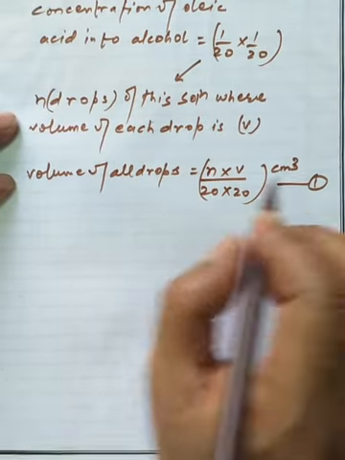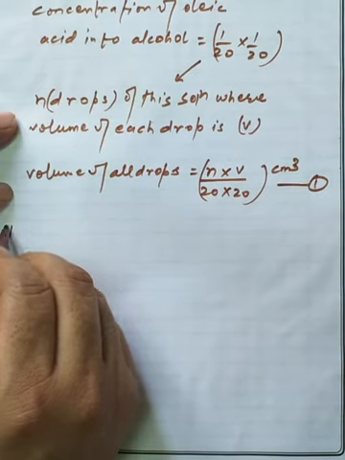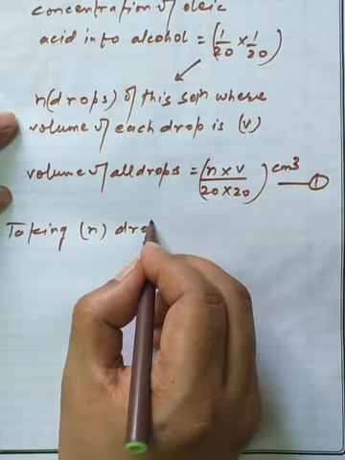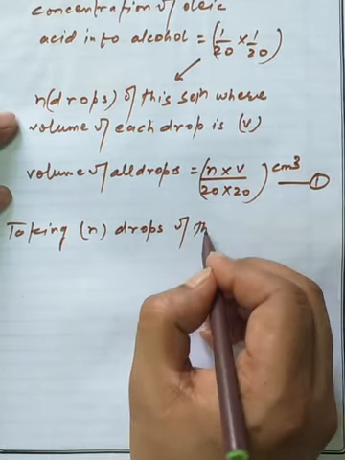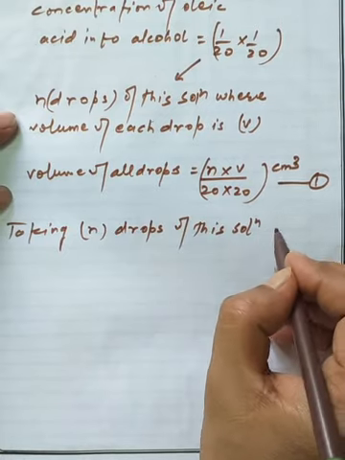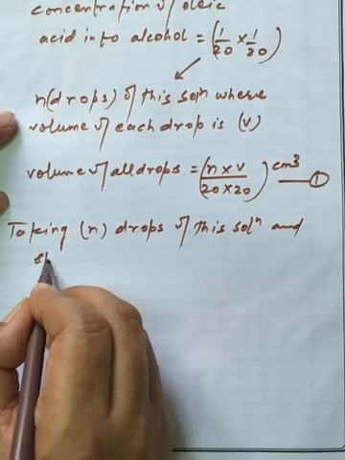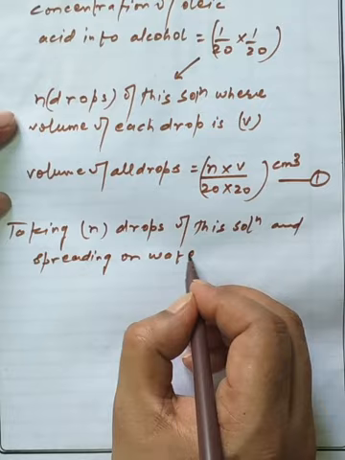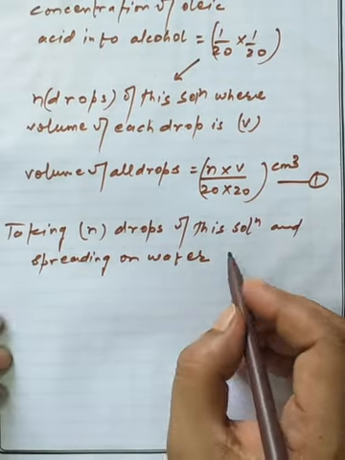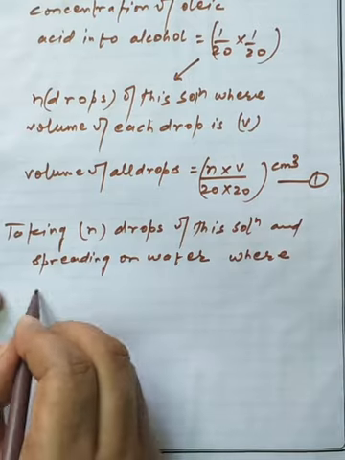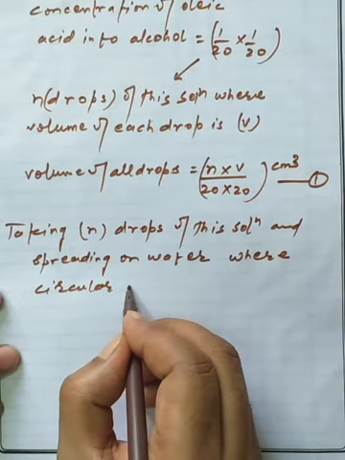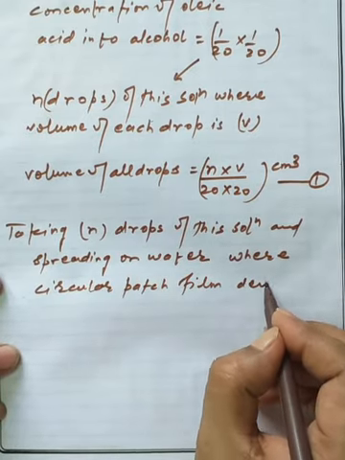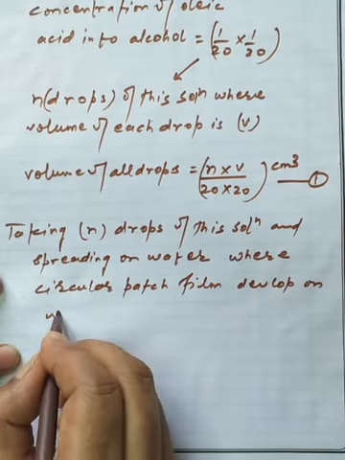So this is the general equation we have, equation number 1. Now we take N drops of this solution and spread them on water, where a circular film develops on the water surface.